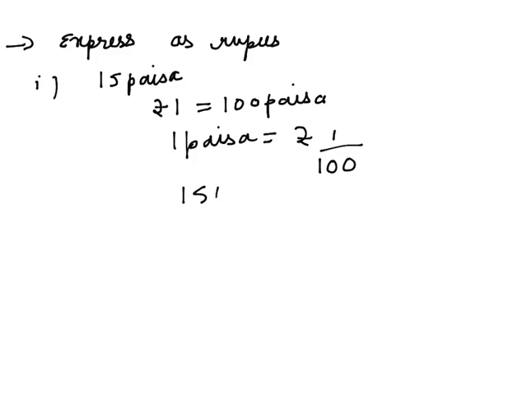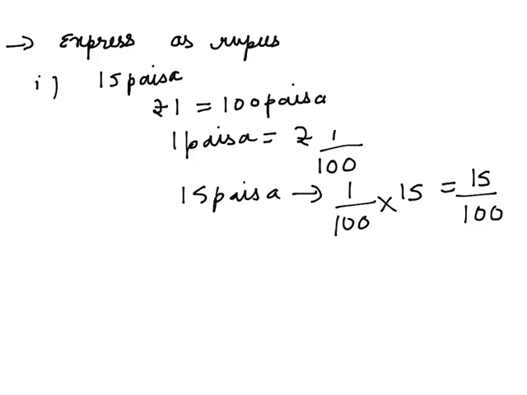So 15 paisa can be written as 1 by 100 times 15, or 15 by 100. There are 2 zeros, so we put the decimal after 2 digits, and it will be 0.15 rupees.